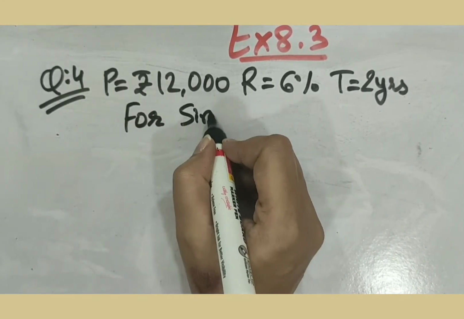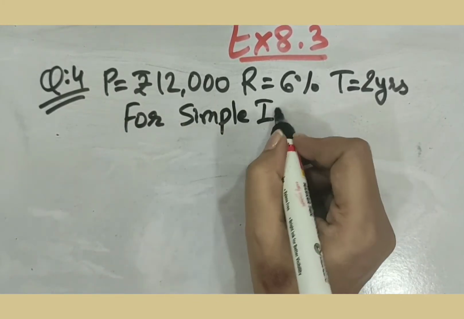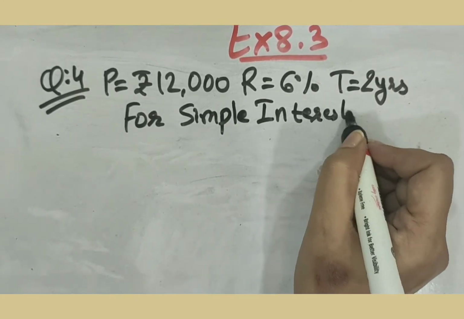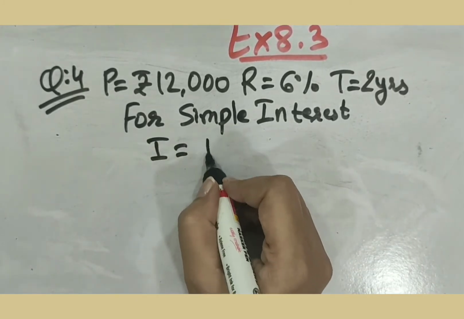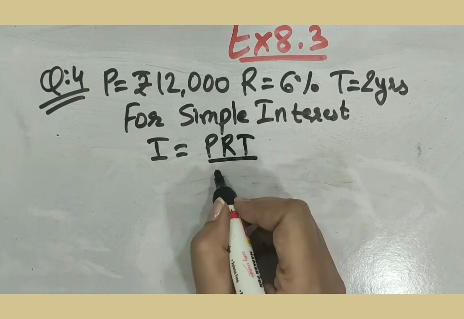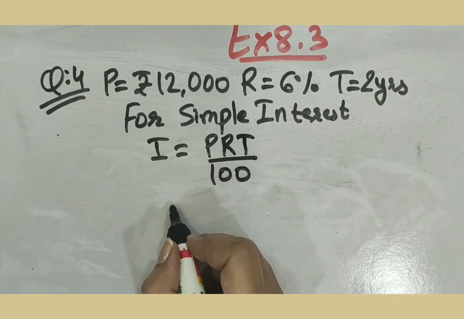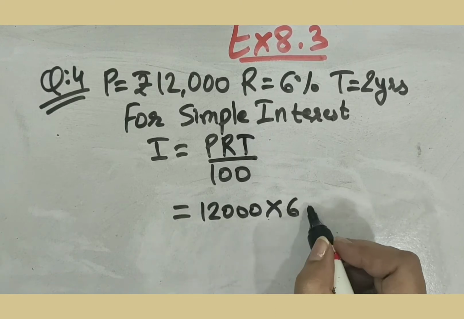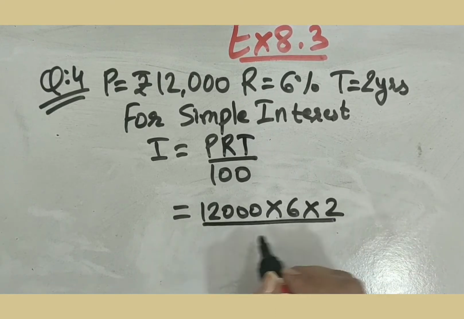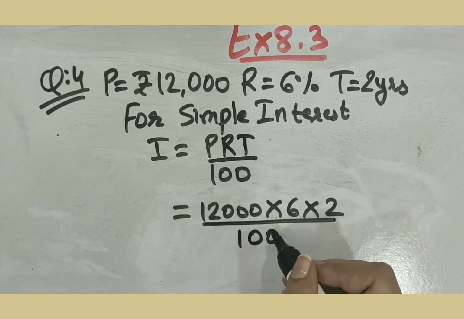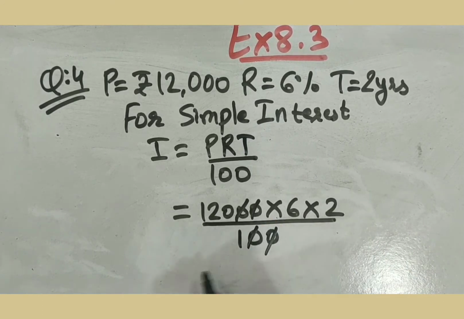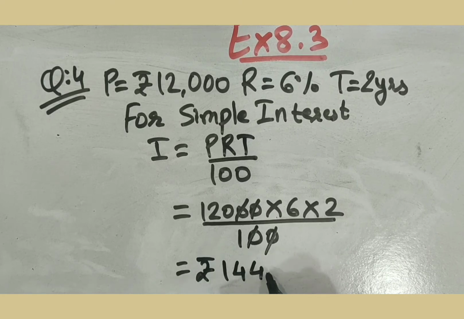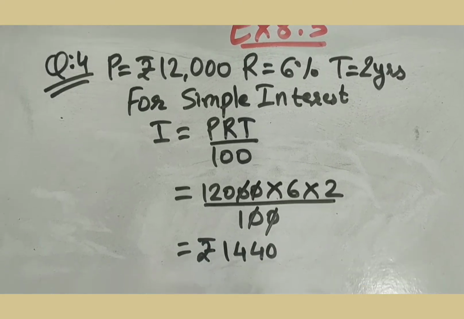So for simple interest, my interest is equal to PRT upon 100. So that will be equal to 12,000 multiplied by 6 multiplied by 2 upon 100. So 0 0 will get cancelled. So after multiplying, I will get rupees 1,440. So this is my simple interest.